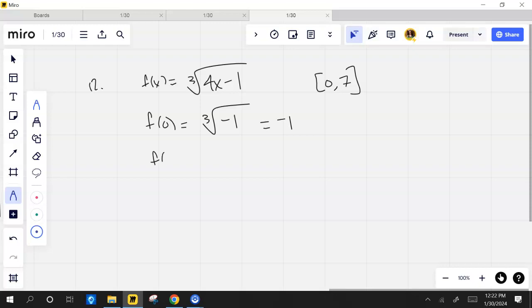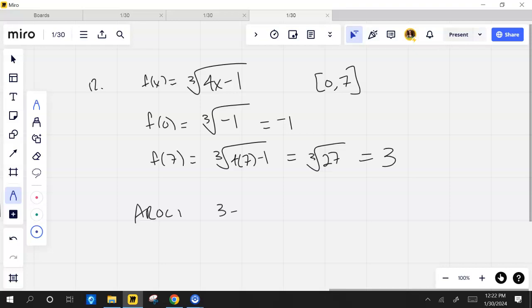And then f of 7 is the cube root of 4 times 7 minus 1. 28 minus 1 is 27. So what number times itself 3 times is 27? 3. So then your AROC would be 3 minus negative 1 over 7 minus 0.